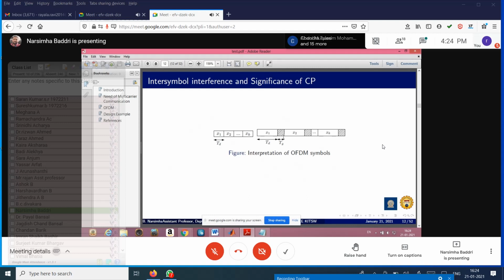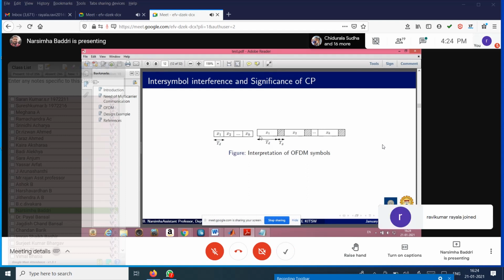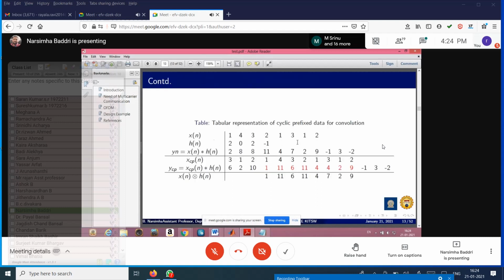Instead of putting a guard band, we take some portion of the last few samples of the same symbol and append them at the starting of that symbol. That is the cyclic prefix. And what is the advantage with that cyclic prefix? This is an example to understand the cyclic prefix advantages in a better way.